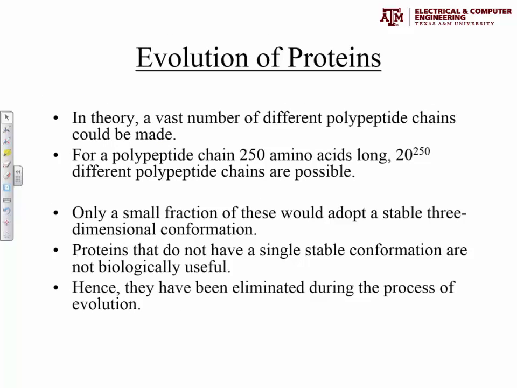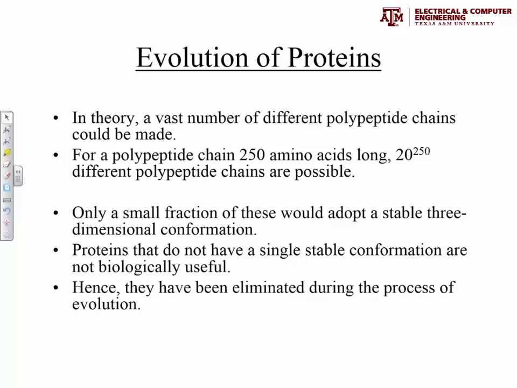Now we talk a little bit about the evolution of proteins. In theory, as I've been pointing out, because at every location you have 20 possibilities, a large number of different polypeptide chains could be made. For example, for a polypeptide chain that is 250 amino acids long, there are 20 to the power of 250 different possibilities. Only a small fraction of these would adopt a stable three-dimensional conformation.